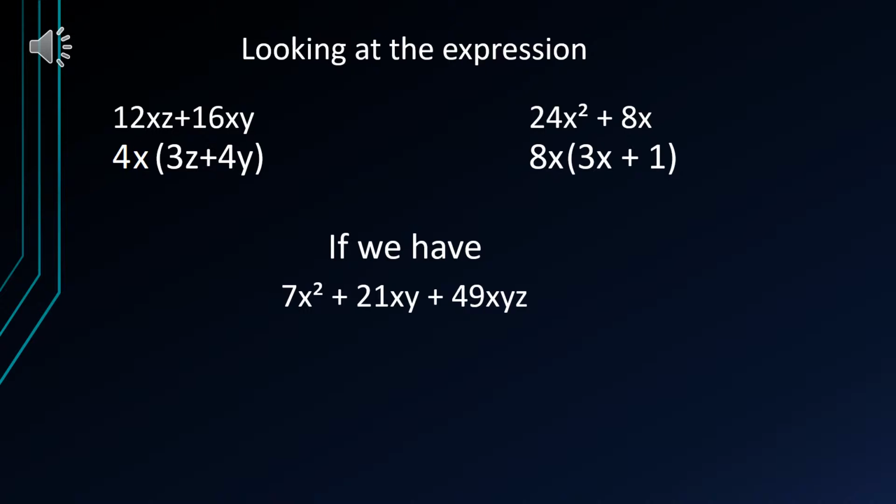Looking at what is common, we have 7 because it is a factor of 21, and 49x is also common as it exists in each content of the expression. Hence, 7x outside the brackets and the factors inside.